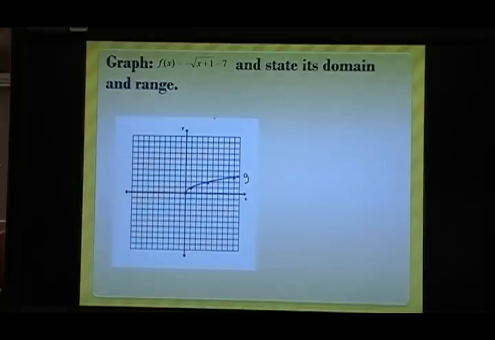To those, because we have this negative here, we're going to flip g, because we have a plus 1 on the inside with the x, plus on the inside that's left one place, and then the minus 7 here, we're going to then move all points down 7.